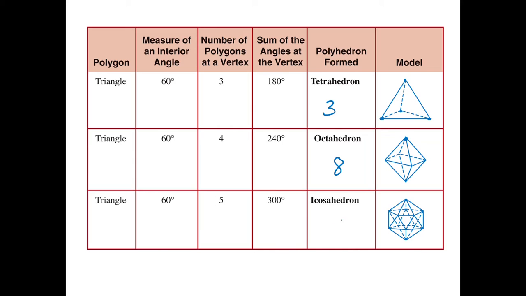For the icosahedron, we have a figure with 20 faces, and each of these faces are again triangles with interior angles of 60 degrees, but it takes this time 5 triangles at each intersection point. So there will be 5 polygons that intersect at a point for each of these vertices.